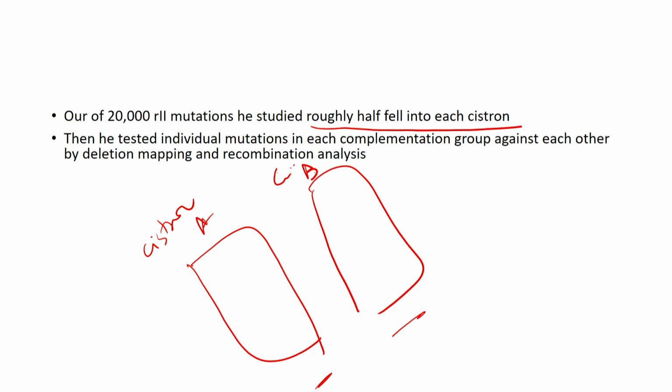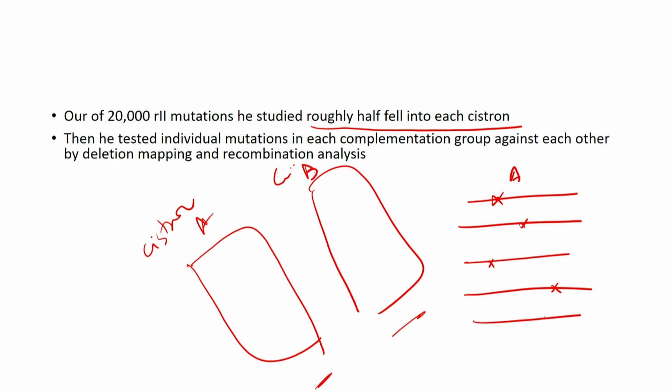Now, just conceptually what I am telling, let us say the cistron A complementation group has all sorts of different mutations, some here, some there, and some actually are segment deletions, right. So deletion means it's not just a point mutation, but a part of the segment is deleted. So these are deletions, and same is true for B.